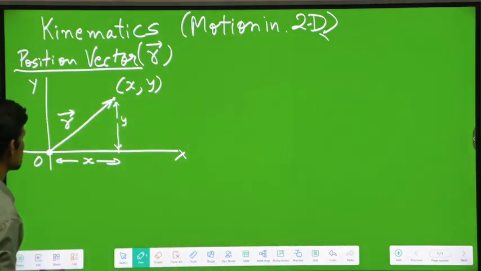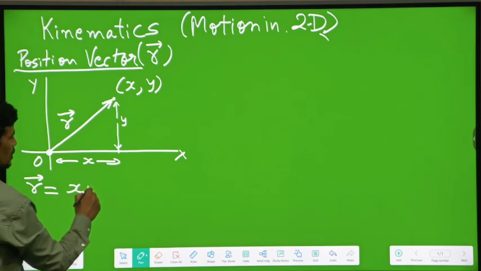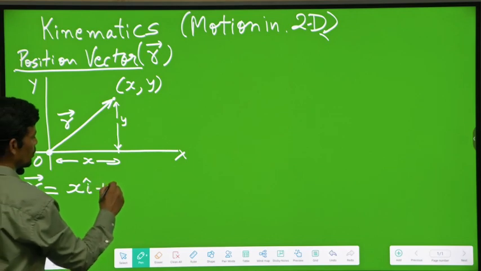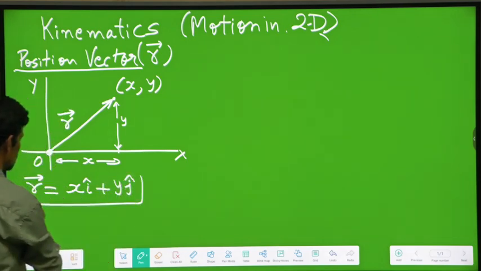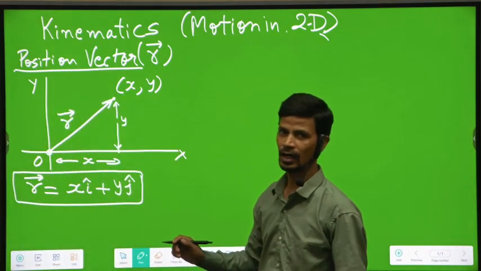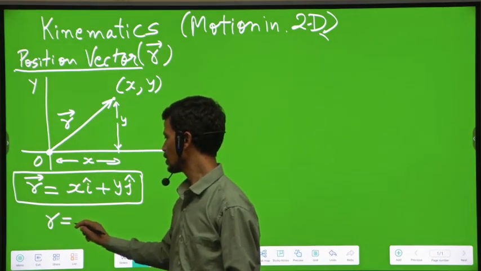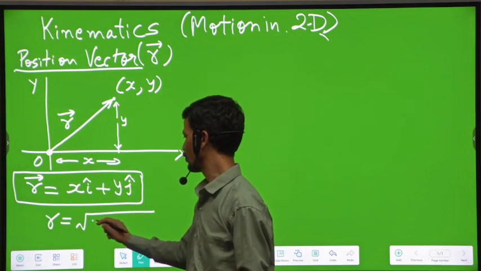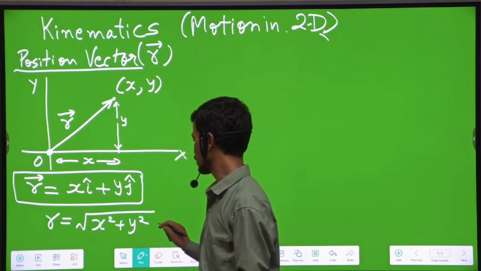Ultimately, the vector value of r is equal to x i cap plus y j cap. And also, r is equal to root of x square plus y square.